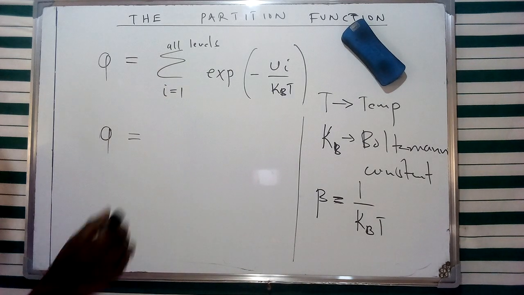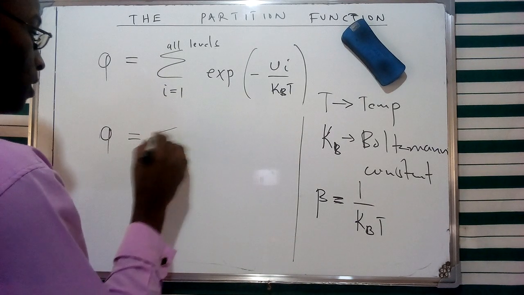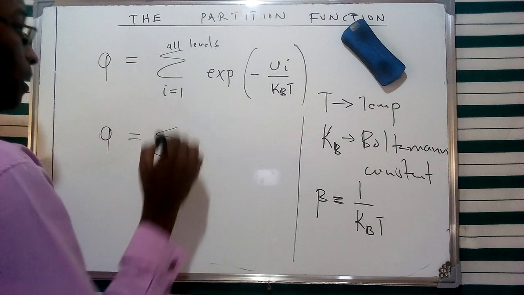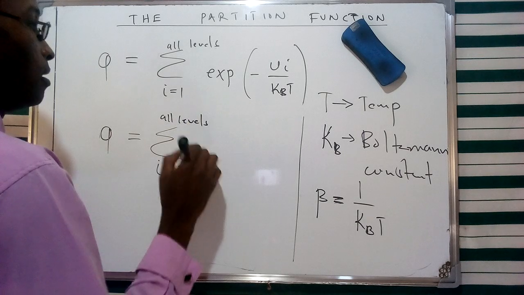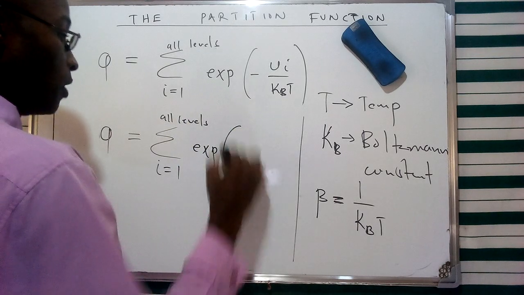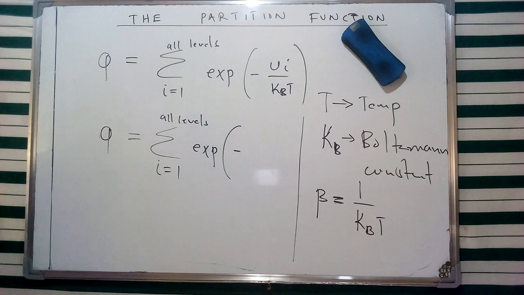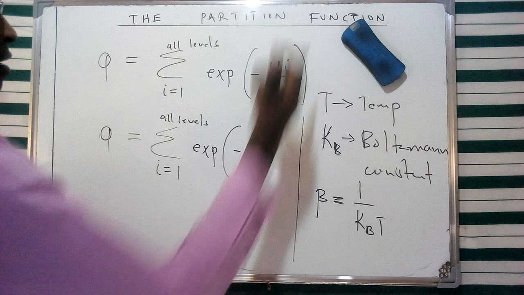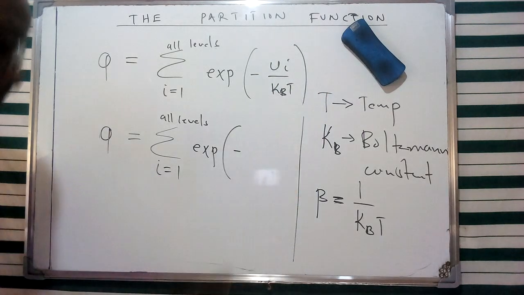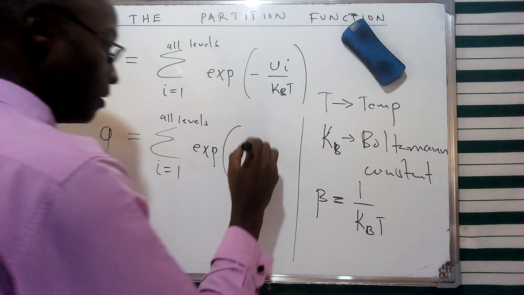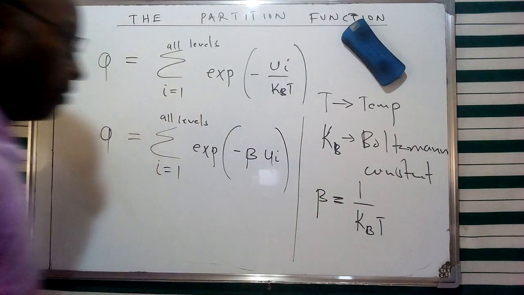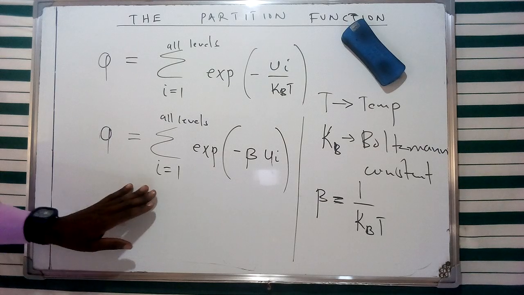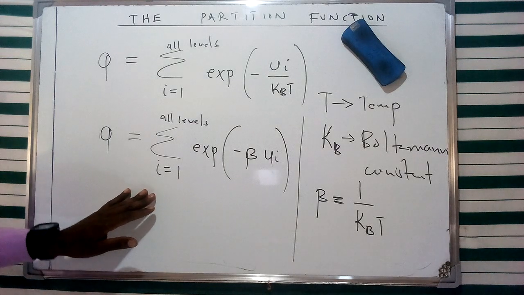Therefore, we can have our partition function represented in that notation, whereby Q is given as the summation over all the thermally accessible energy levels of the exponent of negative beta times E, the energy of that particular system, where beta substitutes the inverse, 1 over k_B T. And this is going to represent our general form of the partition function.